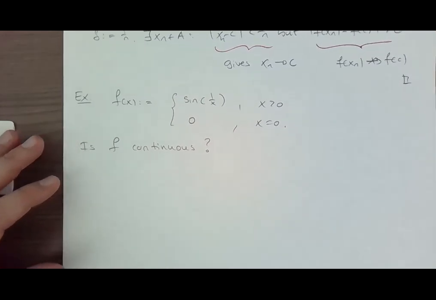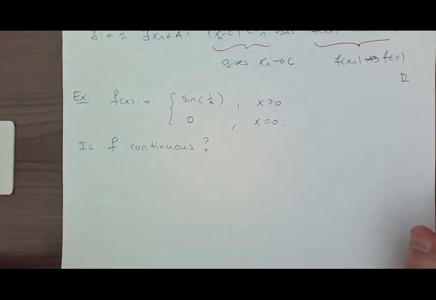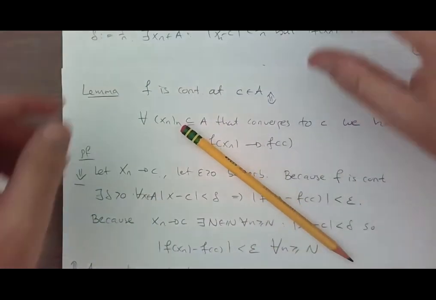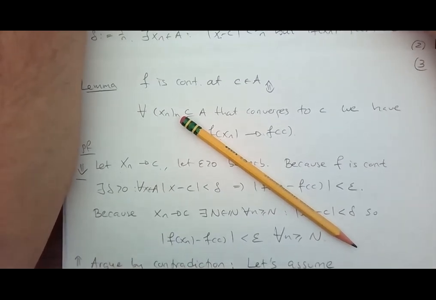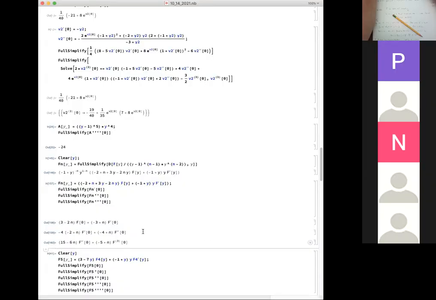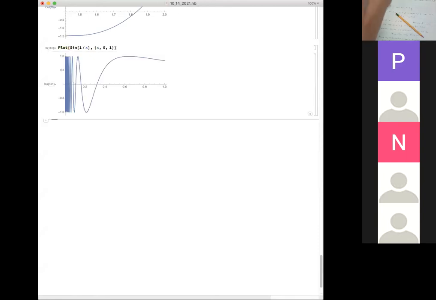What do you guys think? You go try to make a picture of it. We've done this picture before, but let me do it again. You go to Mathematica, say, and look at the function sine of 1 over x, with x from say 0 to 1, and you look at this picture. Does that look like a continuous function?